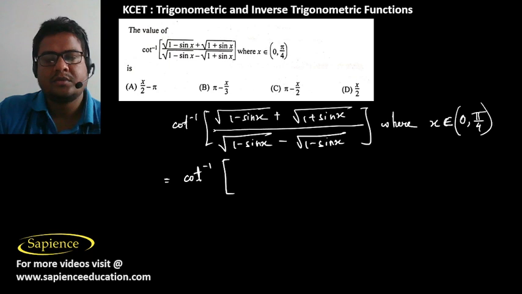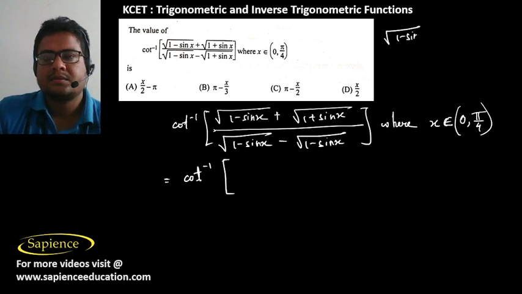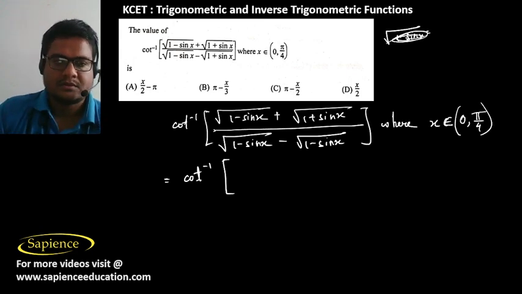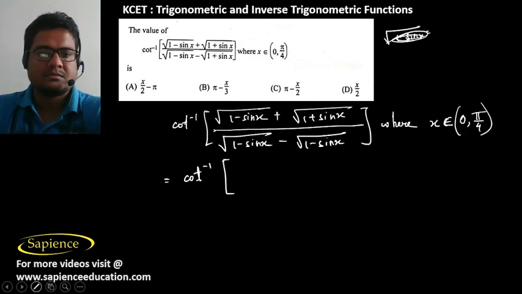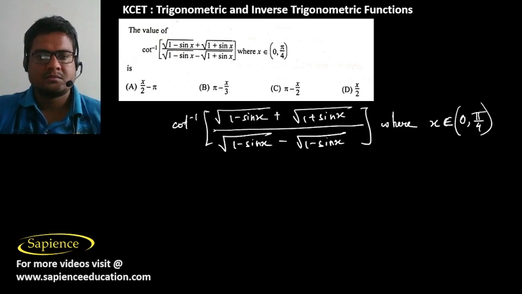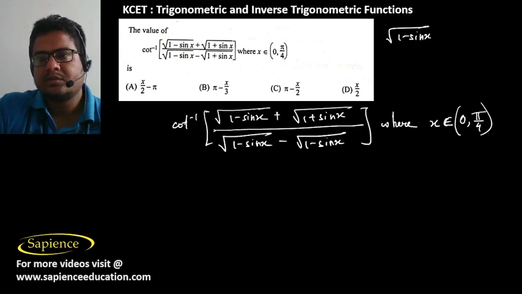Cot inverse of this will be, so root over 1 minus sin x can be written as root over sin square x by 2 plus cos square x by 2 minus 2 sin x by 2 into cos x by 2.